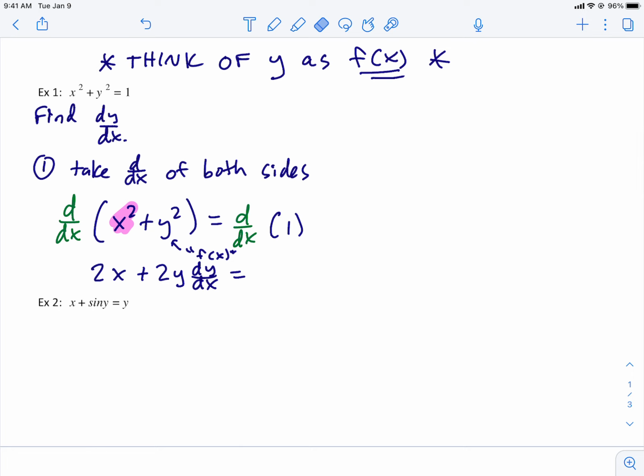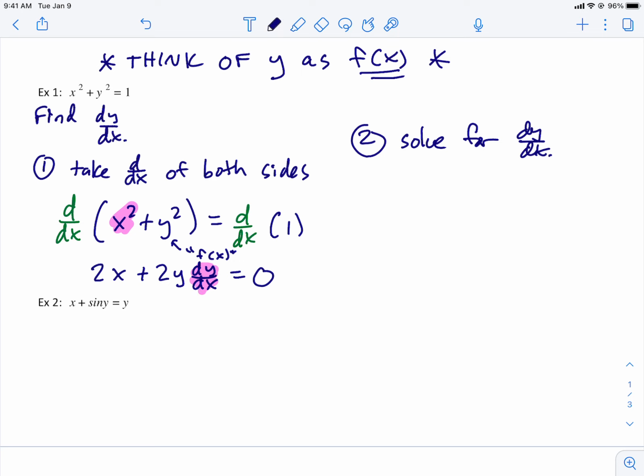Now, after we take the derivative of both sides with respect to x, we isolate or solve for dy dx. Our goal is now to get dy dx by itself.